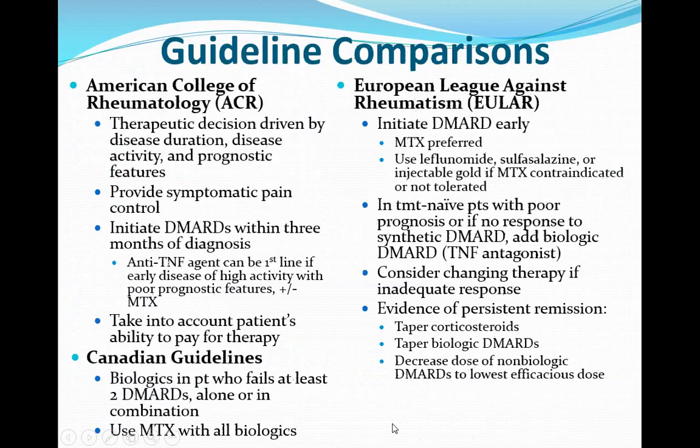But our guideline comparisons are a little bit different. There's also Canadian guidelines, but they all start the DMARD early and they don't have a specific agent. Okay, so the two comparisons, they prefer methotrexate with the EULAR, but basically all of them say if you want to, you can use an anti-tumor necrosis factor or you can use methotrexate.